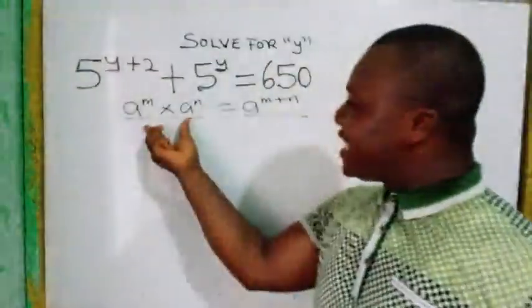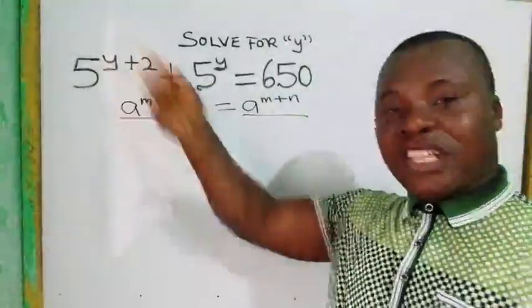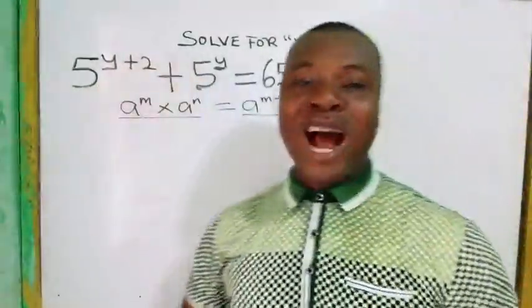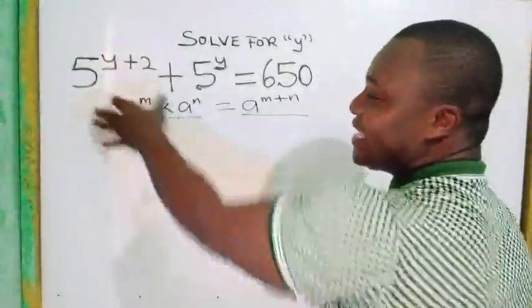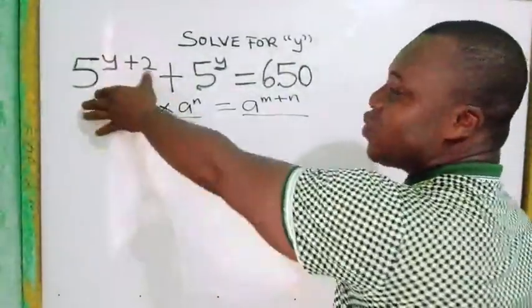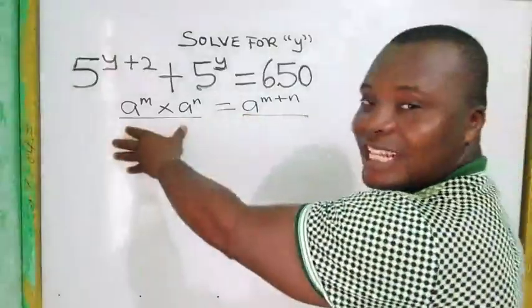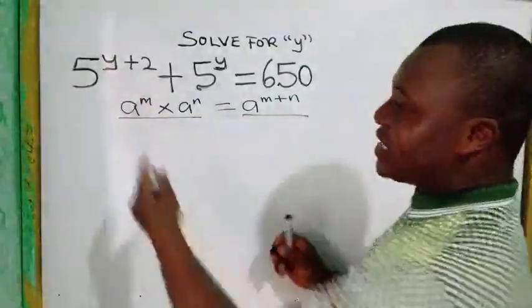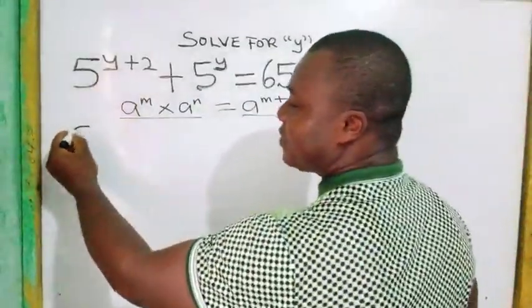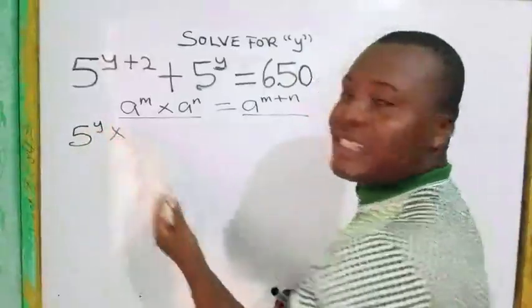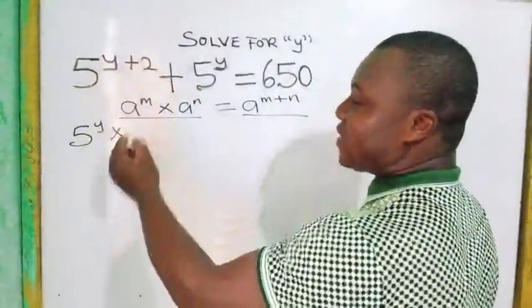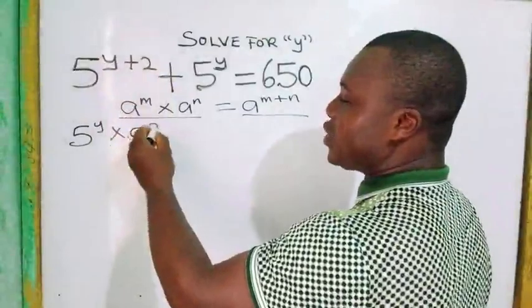So we are going to use this to be able to factor this 5 raised to the power y plus 2. So now to rewrite this, let's use this equation. Since when we have this, we can write it as this, then we can say 5 raised to the power y times 5 raised to the power 2.